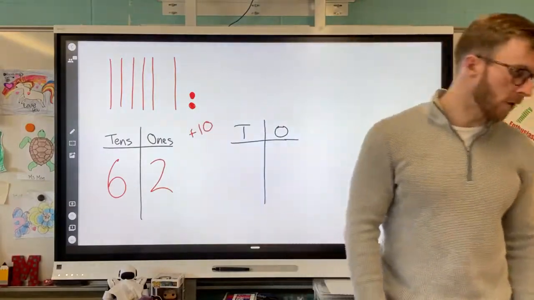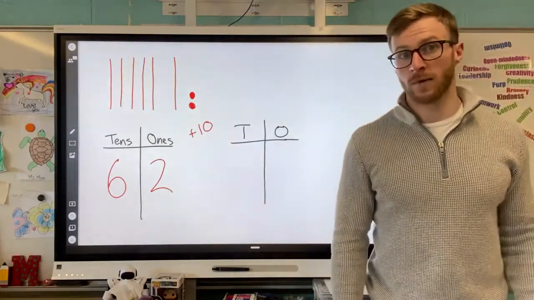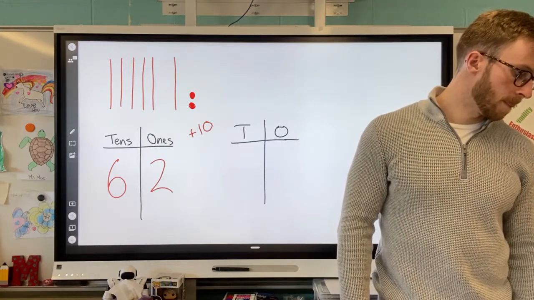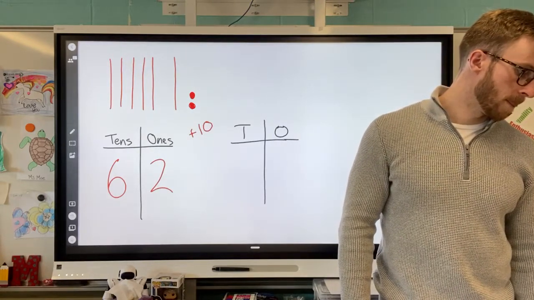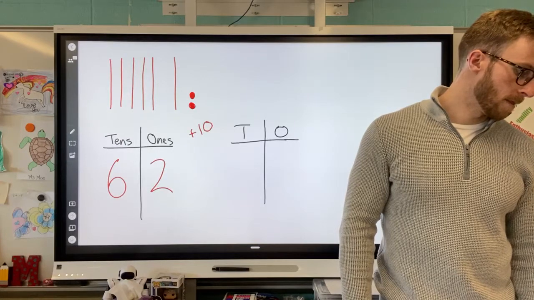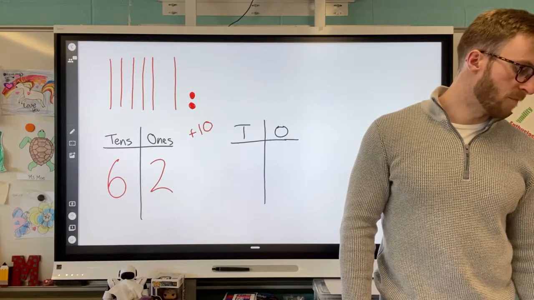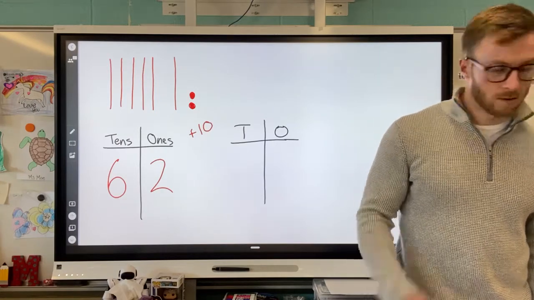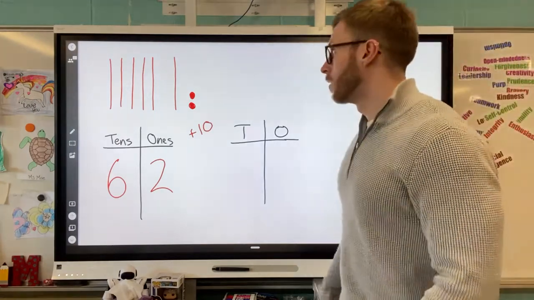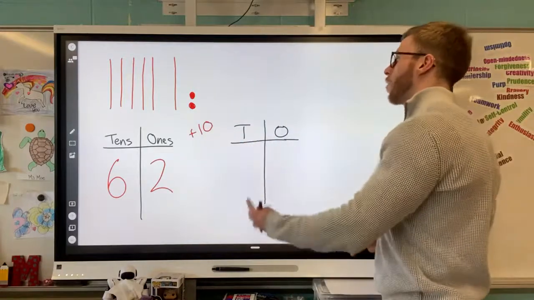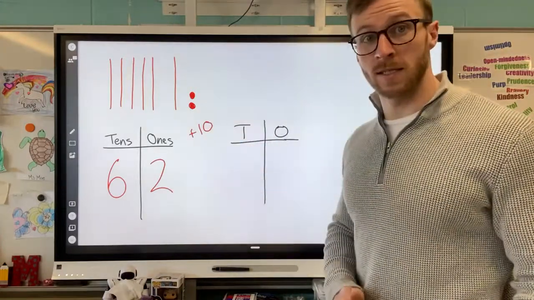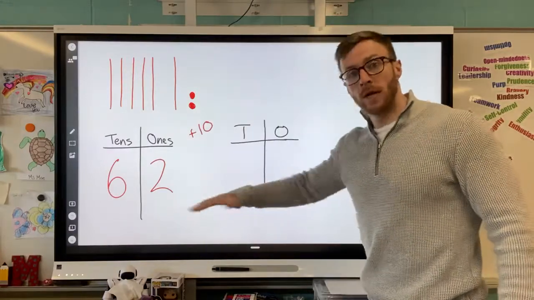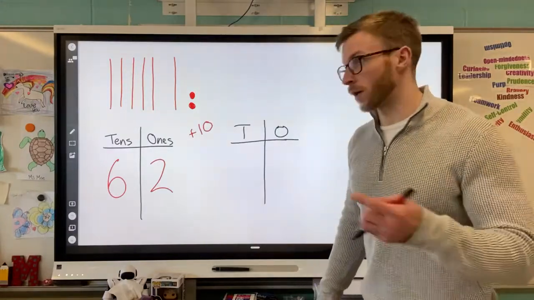Okay, think about that for a couple seconds, then we'll talk about it together. 5 more seconds. Okay. All right. We need to figure out what 10 more than 62 is. There's 2 ways we can do this. We can do it in the picture, or we can do it with our place value charts. We're going to do both.